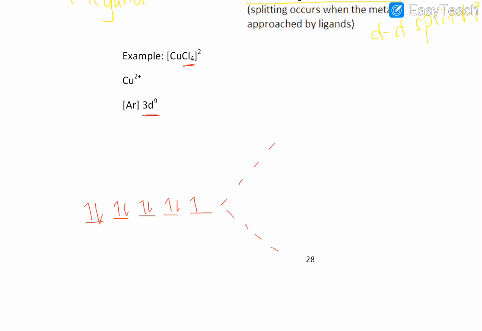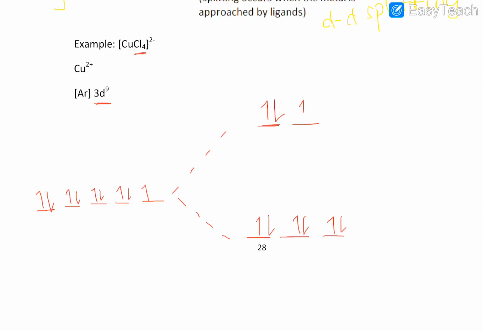So you will have the non-degenerate d orbitals, 3 at the bottom, 2 at the top, and we will fill in the electrons. Again, we'll fill in singly first, so 1, 2, 3, 4, 5, and then we'll pair up 3 and 4 like that. And between the two energy levels, you will have a certain delta E.